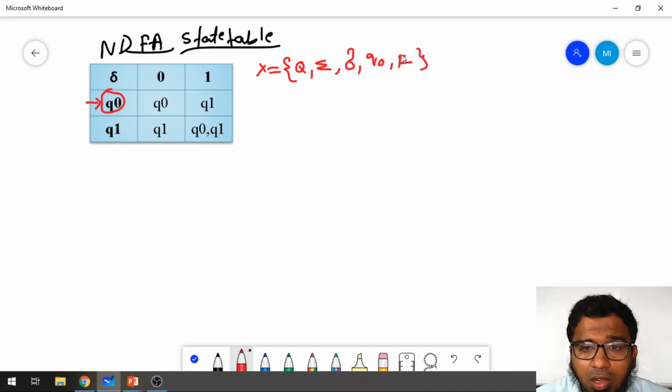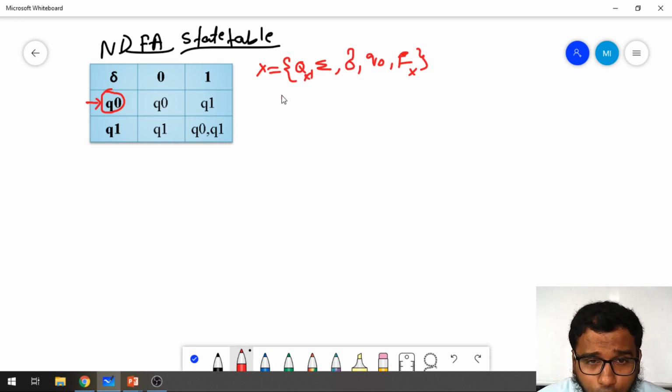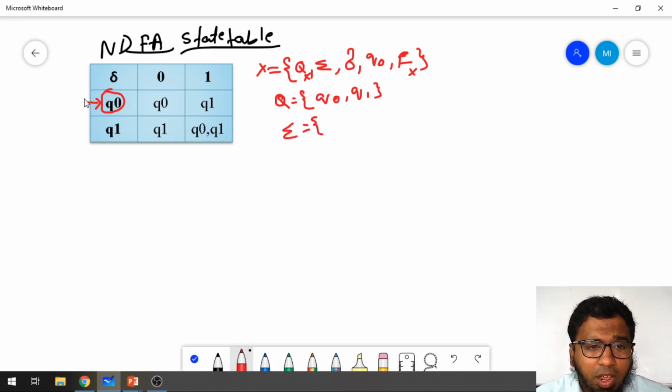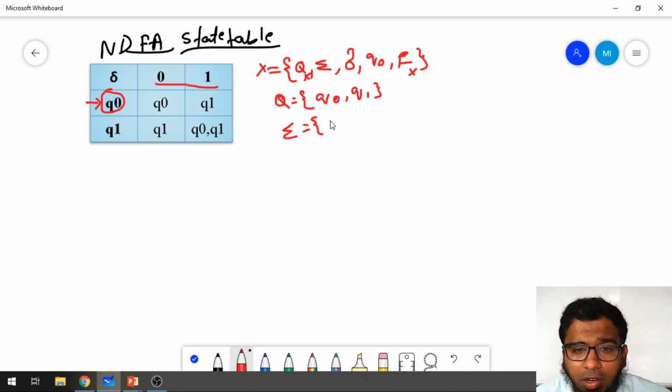This is a finite automaton, and this is X and this is also X. So this is for this table. Now just go and see here, what is Q? Q is Q0 comma Q1. Fine. What is sigma? Sigma is 0 comma 1.